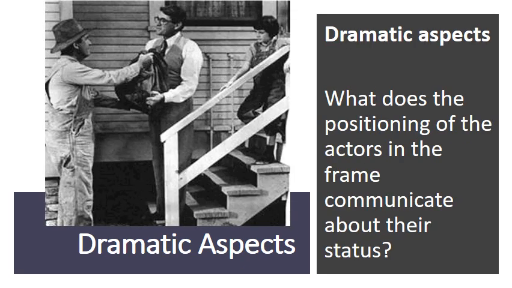Let's look at the staging decisions made by the director. Look at how the actors are arranged on the set. Think, what does the positioning of the actors in the frame communicate to us? Atticus is in the middle. He's a focal point. He's higher than Walter because he's on the first step. Does this make him seem more important, more dominant? Atticus's face is mostly facing us.